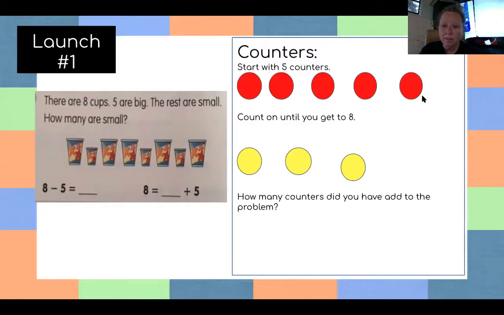You could start with 5 counters and you could count on until you got to 8. 5, 6, 7, 8. How many counters did you have to add to the problem? That's right. You added 3 counters. That represents the small cups.